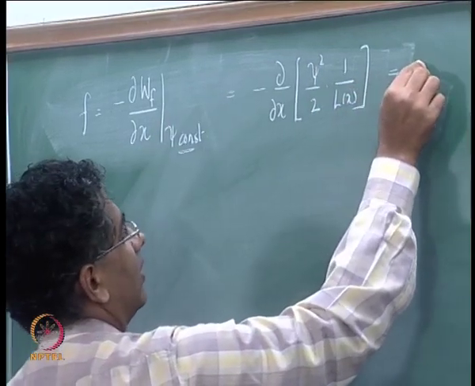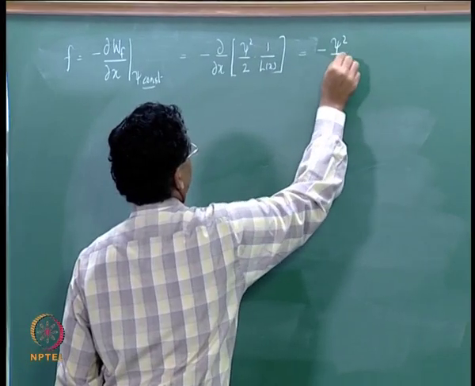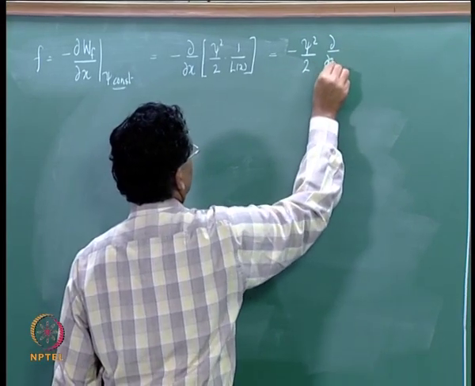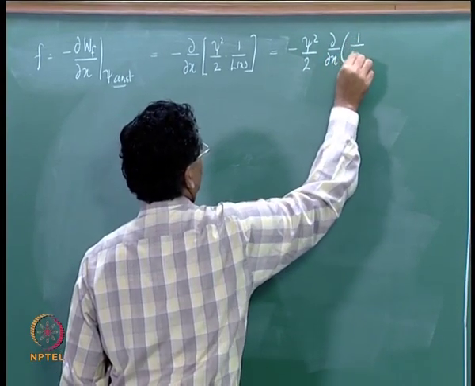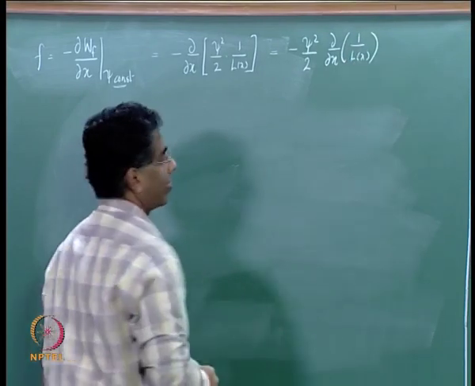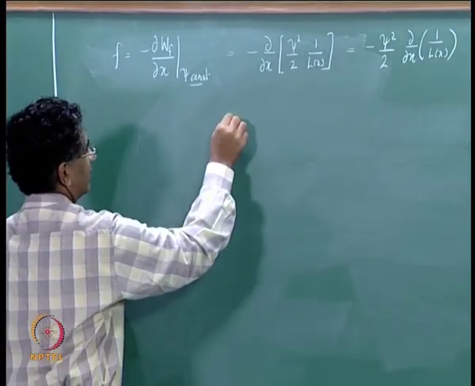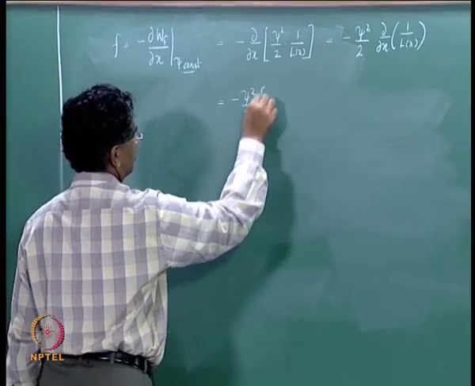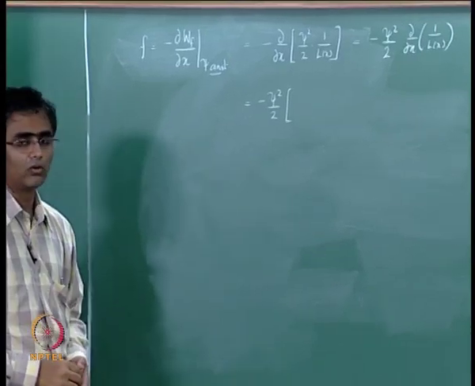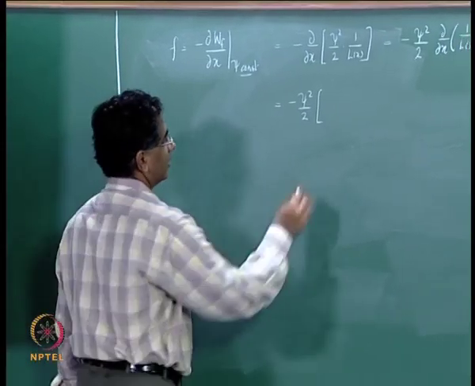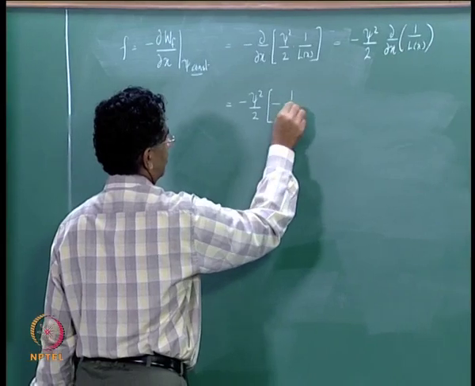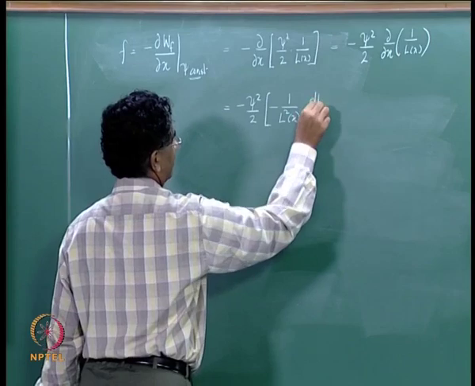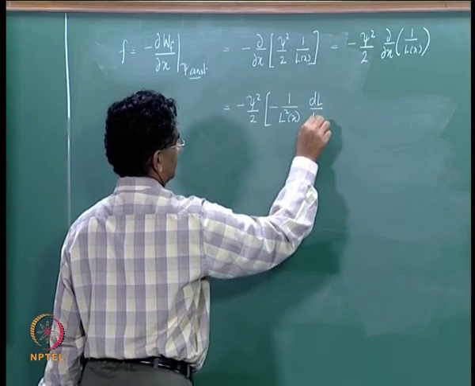So you have minus psi square by 2 into dou by dou x of 1 over L(x), which is nothing but minus psi square by 2, and the derivative dou by dou x of 1 over L(x) is minus of 1 over L square x multiplied by dL by dx.